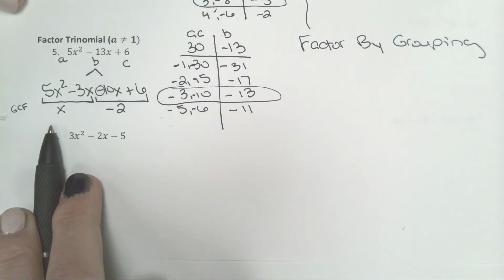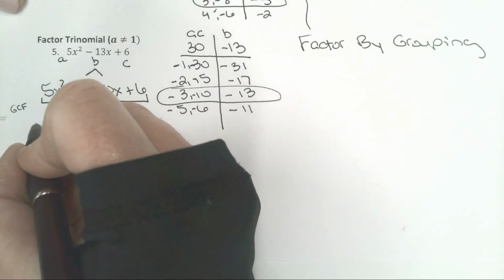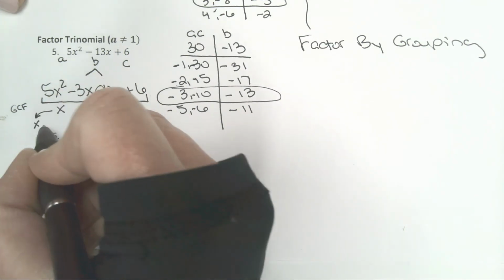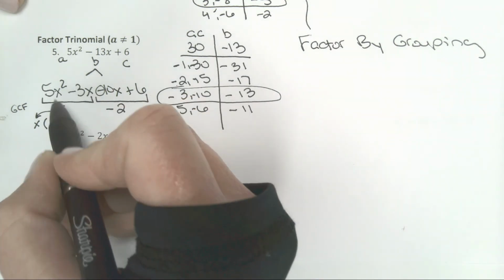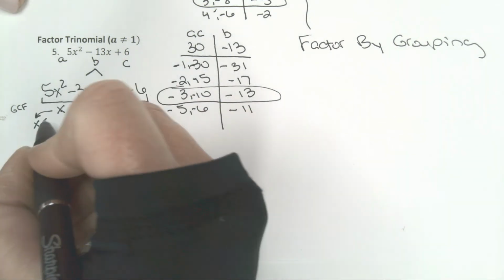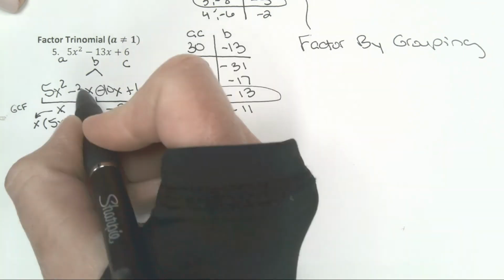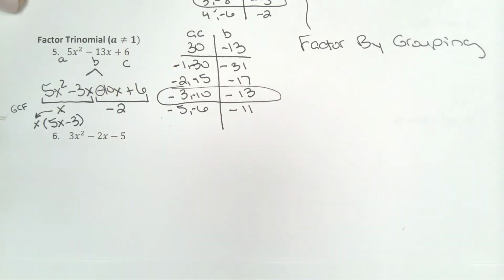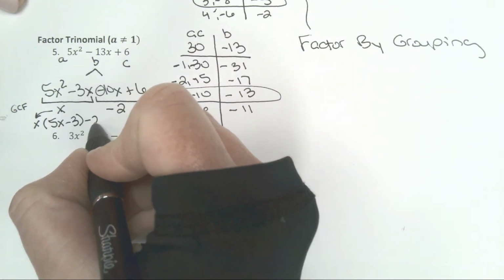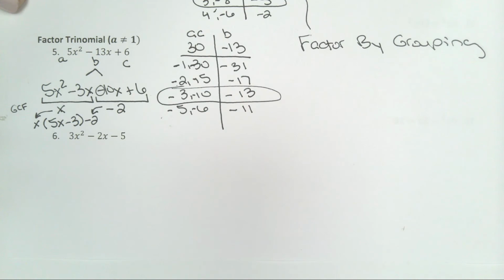So just like we did above, we're going to bring down our GCF, and now we're going to divide. 5x squared divided by x is 5x. -3x divided by x is -3. Close your parentheses. Bring down your -2.